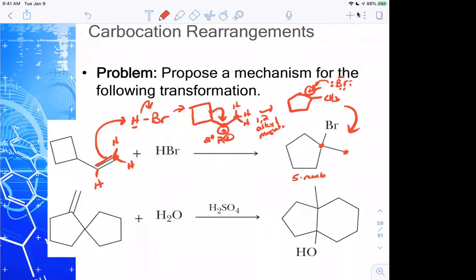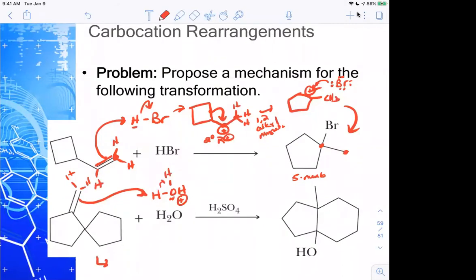I'm going to do the same thing with this one. Here I have my 2 hydrogens. This hydrogen in the water, right? First, I have to protonate. So what I have is this oxonium ion. These electrons are going to come out.